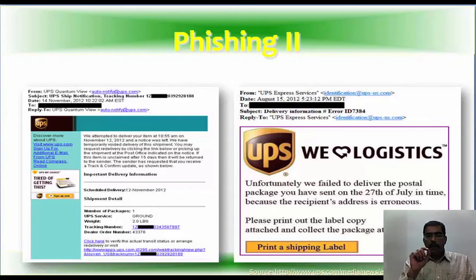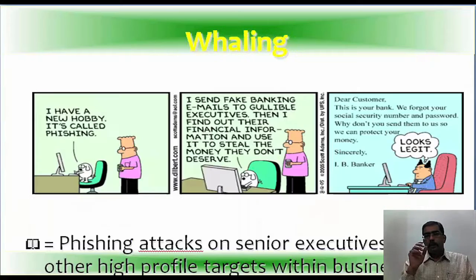Now this is a typical phishing page which has happened. Now if you go to the UPS site, www.ups.com/media/news, there is a link given at the bottom of this slide. If you go there, you will know the entire background of how this phishing actually took place.